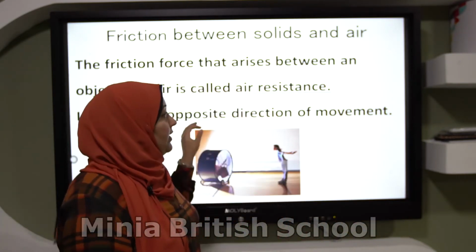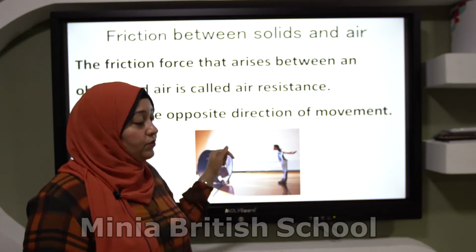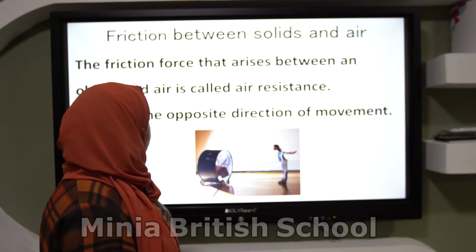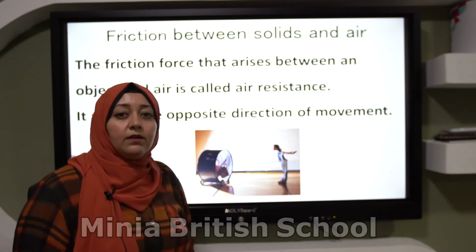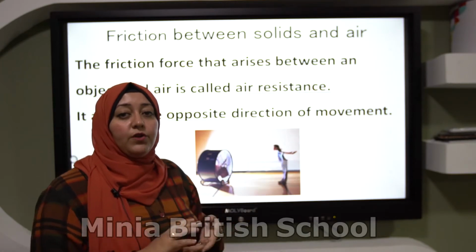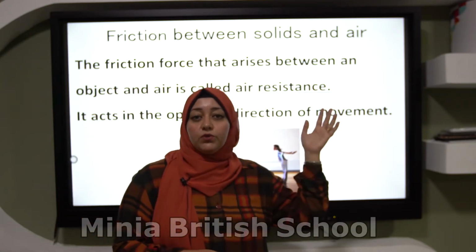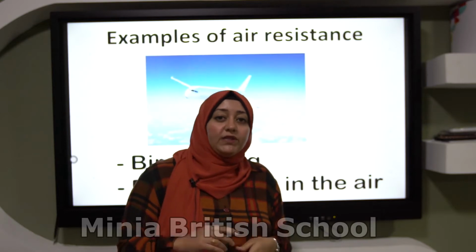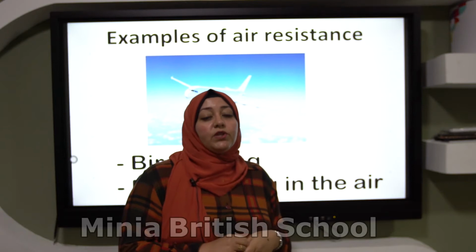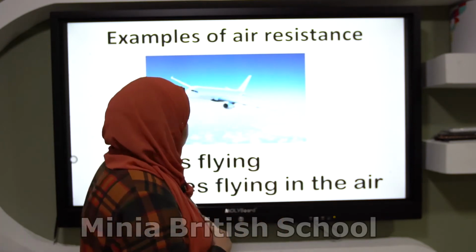So there is a direct relation also between the surface area and the friction force. If we increase the surface area of the object, the friction force will increase. And if we decrease the surface area of the object, the friction force will decrease.